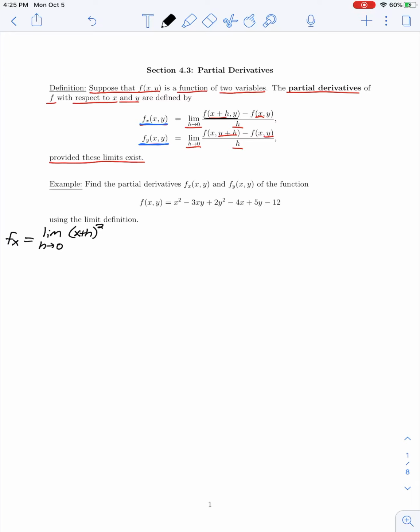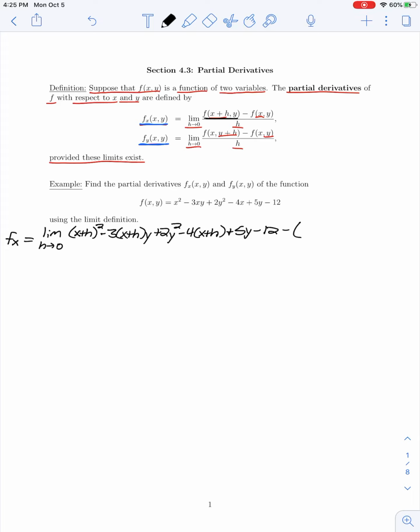So for our function, we'll have x plus h squared minus 3 times x plus h, y plus 2y squared minus 4 times x plus h plus 5y minus 12. And then we're subtracting f of xy.